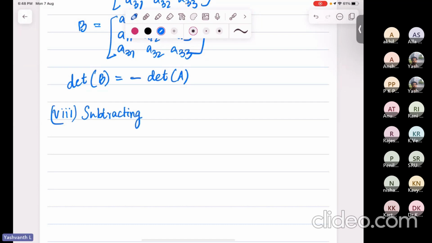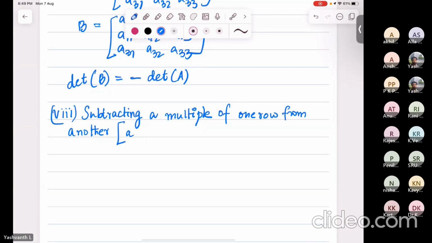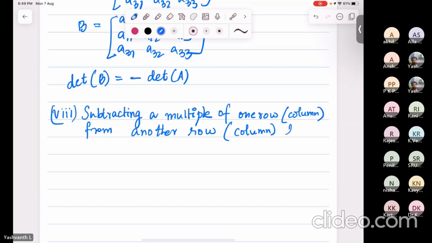Subtracting a multiple of one row or one column from another row or column leaves the determinant unchanged.